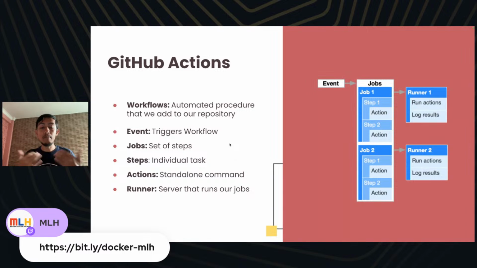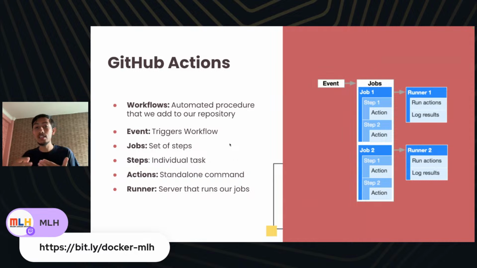Whatever we did manually in our terminal, before Docker we installed the npm packages and then ran the application. But with Docker we don't need to do all of that. We just need to build the image and then run the image, right? So all of this process will be automated, even pushing the image to the container registry, and then finally taking that image from the registry and using it to build a container app in Azure. All of that will be automated with the help of GitHub Actions.